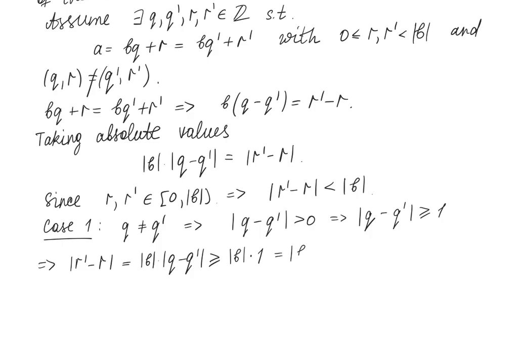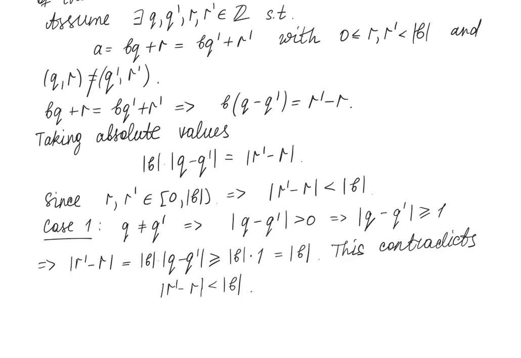It means that our r prime minus r is greater than or equal to absolute value of b, which is impossible because our r and r prime were in 0 to absolute value of b, so their distance cannot be greater than or equal to absolute value of b. This contradicts r prime minus r less than absolute value of b.